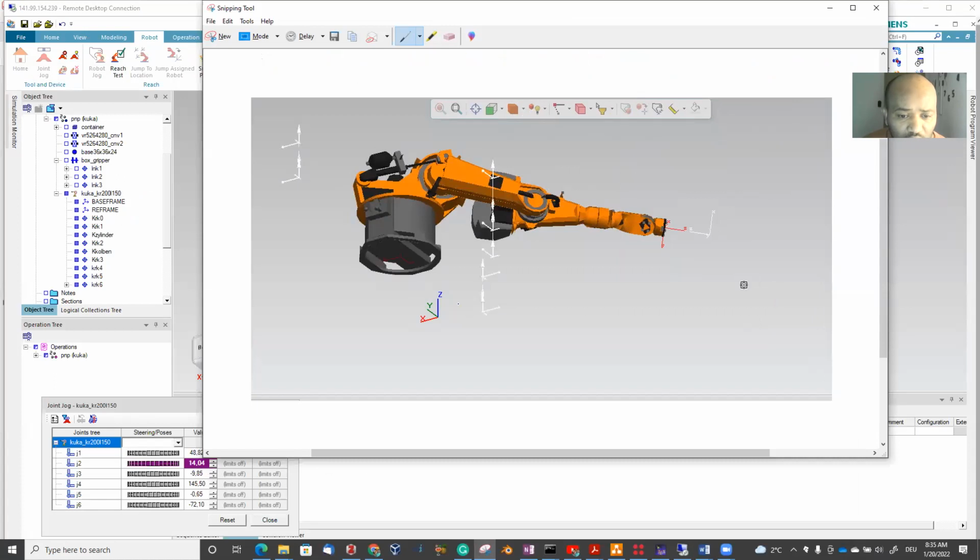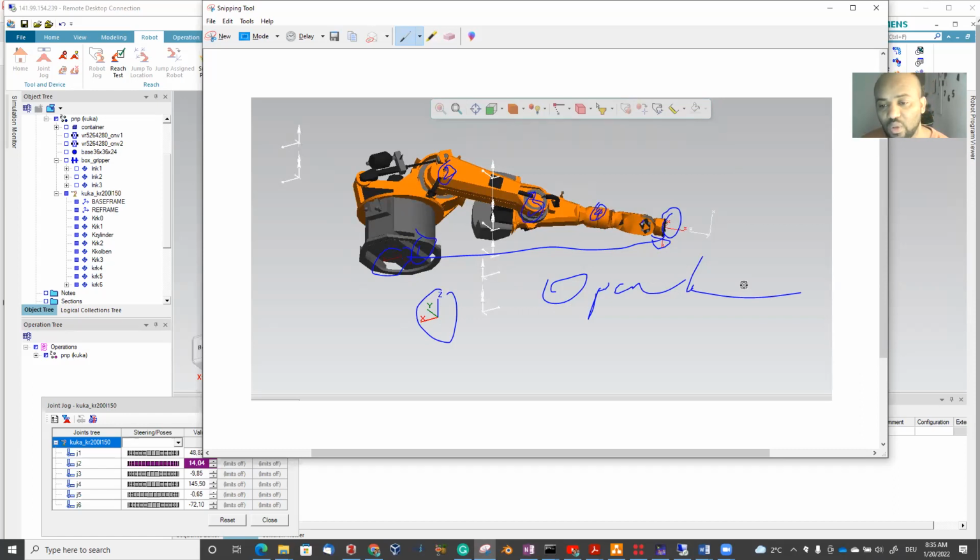It is connecting this point with this point. So from this to this, it is an open kinematic chain. This is 0. This is 1. Here we have 2. Here we have the third joint, the fourth joint, the fifth joint, and here the sixth joint. So we have 6 joints.